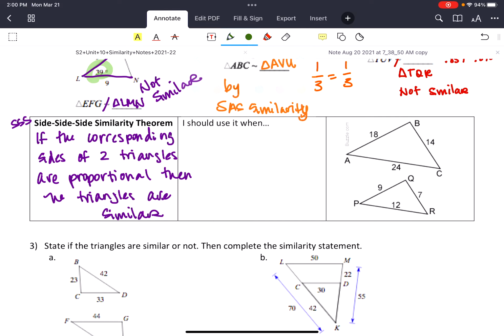And when should we use this one? We should use this when we have all three sides of both triangles.